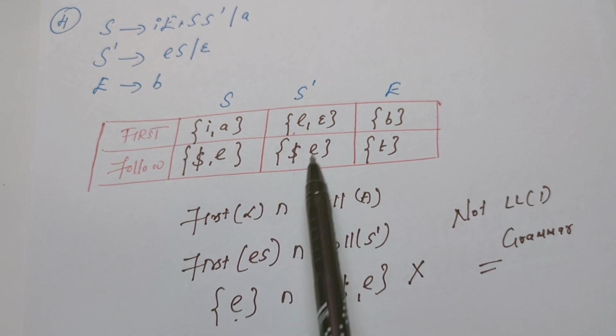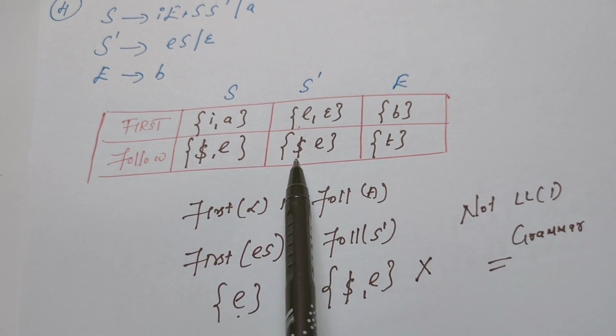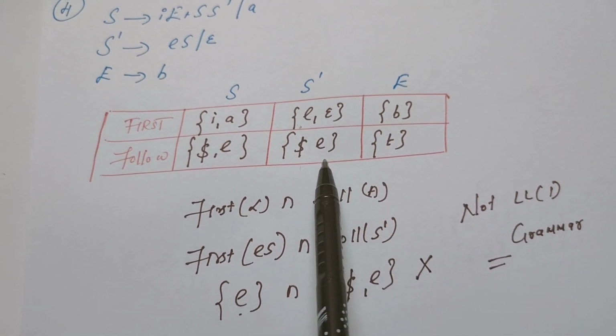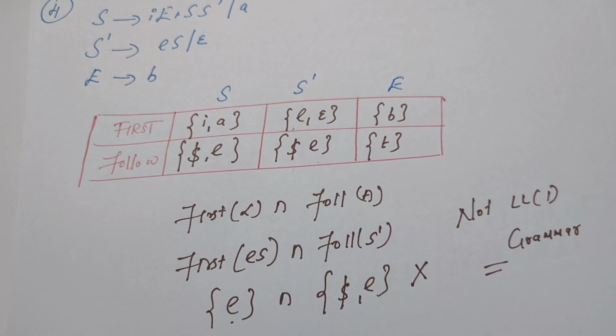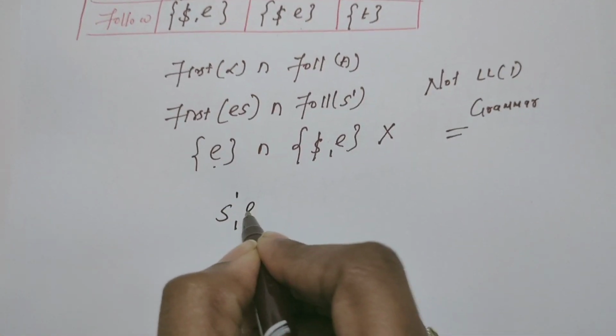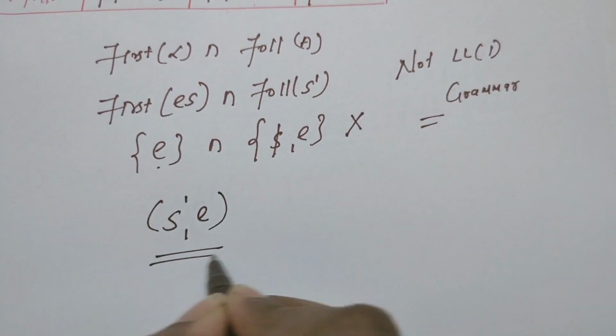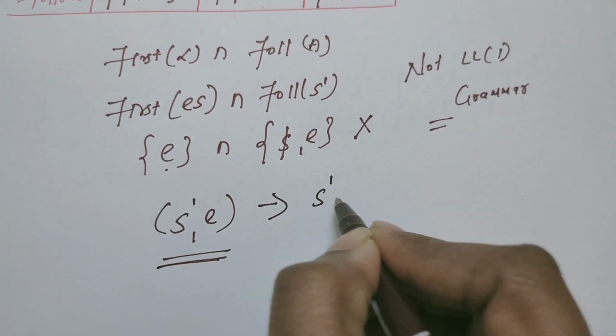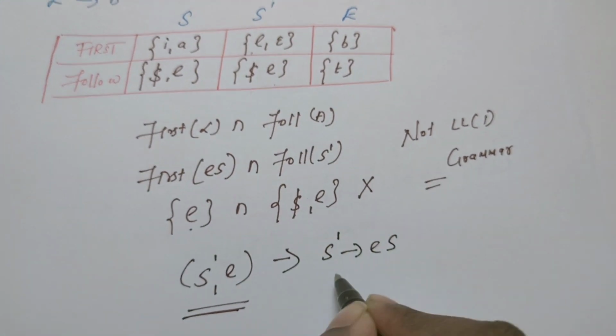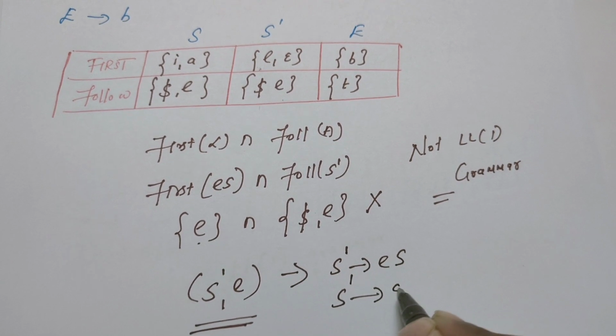So in the follow set also, S dash comma dollar, S dash comma E, again we will be entering the rule S dash derives epsilon. So S dash comma E in the parsing table, in the corresponding cell, we will be writing two rules. One is S dash derives ES, another one is S dash derives epsilon.